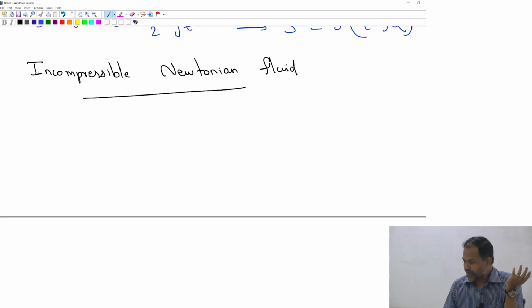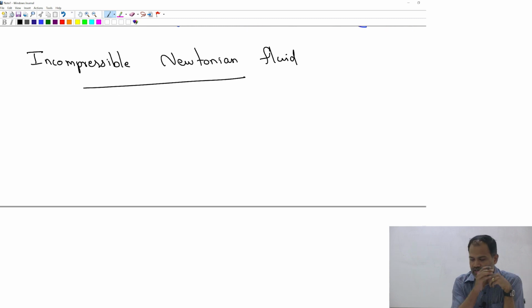So we are looking at a very general system. We have some fluid which is flowing and we want to describe the dynamics. We will write down the governing equations, which include the continuity equation and the momentum conservation equation. Let's just write it down.